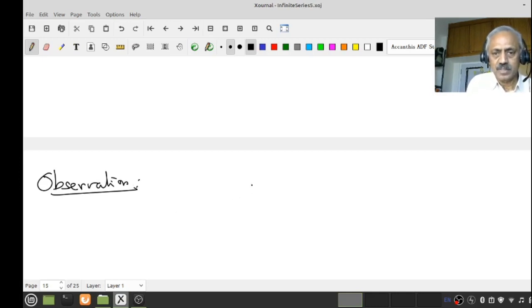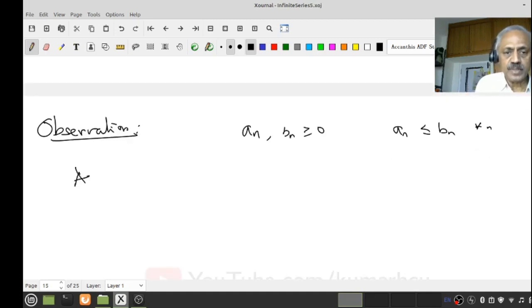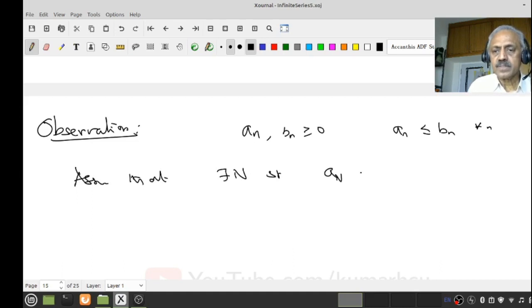Let me explain. Let us assume a_n and b_n are non-negative, and assume a_n is less than or equal to b_n. And assume further there exists at least one n such that a_n is strictly greater than b_n.